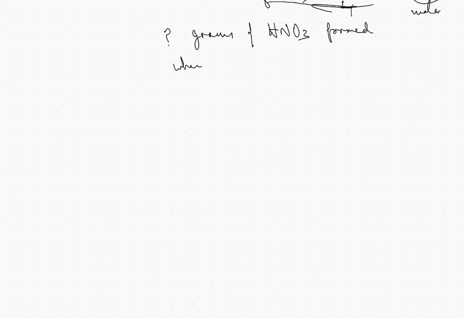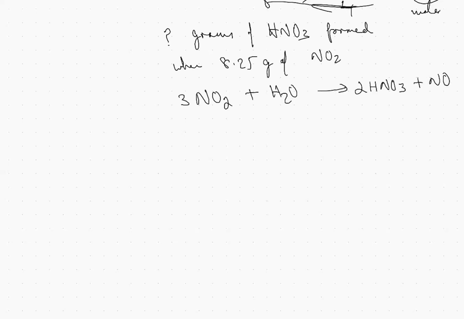So they give the reaction 3NO2 giving HNO3 plus NO. So see whether it's balanced. 3 nitrogen here. We have 2 and plus 1, 3. Oxygen 6 and 7. We have 6 plus 7. Hydrogen 2, hydrogen 2, so everything's balanced. They're given again the molecular masses 46.01, 18.02. Like the last question, you didn't need these things, but they have given. We use them only if you need them.